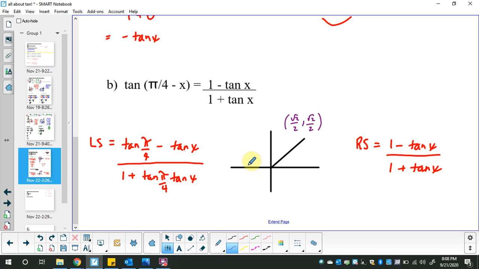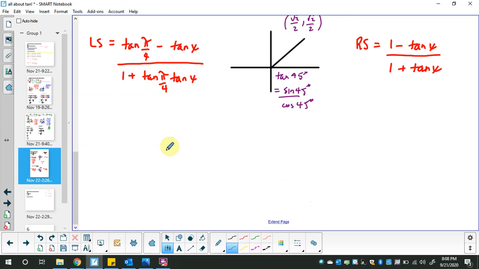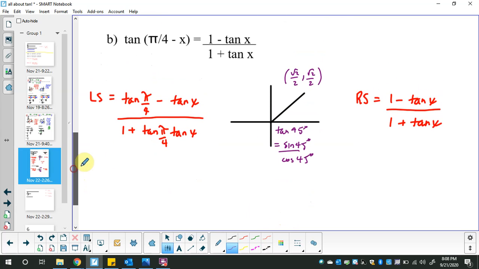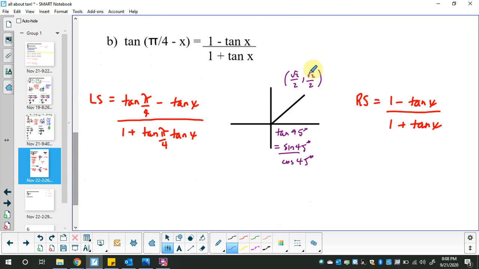That means the tan of pi over 4 is the same thing as the tan of 45 degrees, which is the sine of 45 degrees over the cos of 45 degrees, which means it's the second entry over the first entry, but because they're identical, that will be a 1.